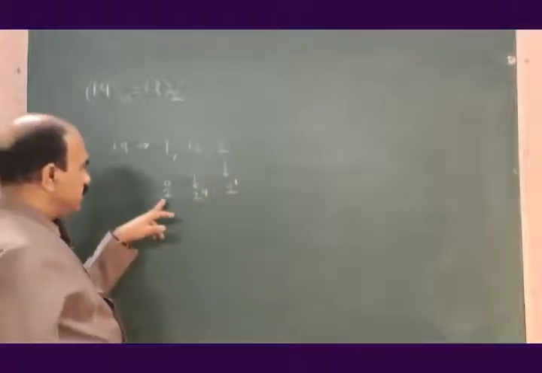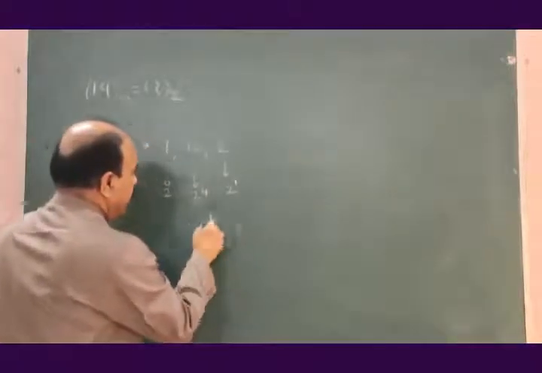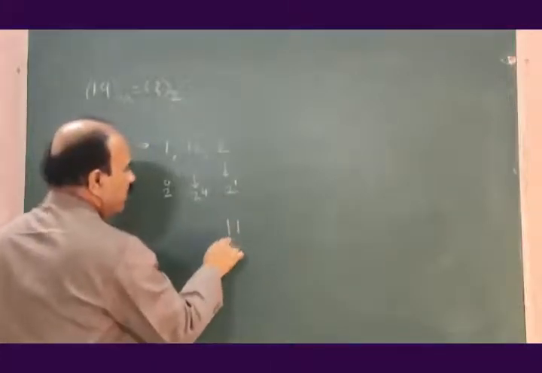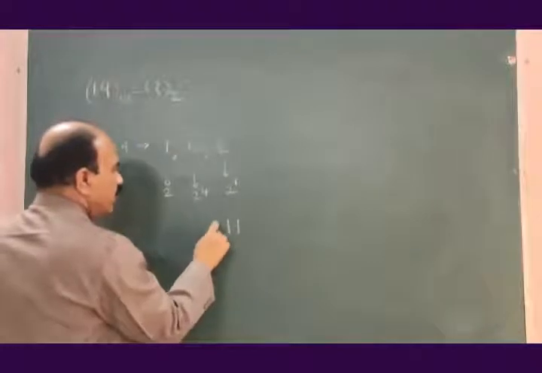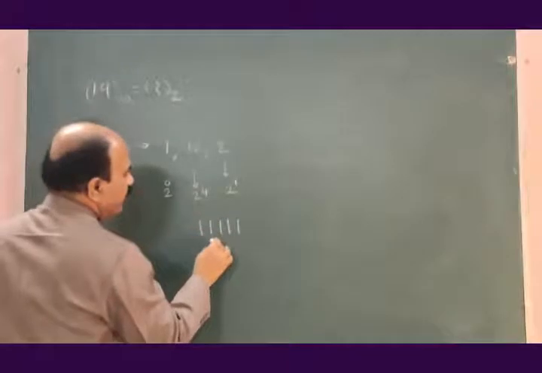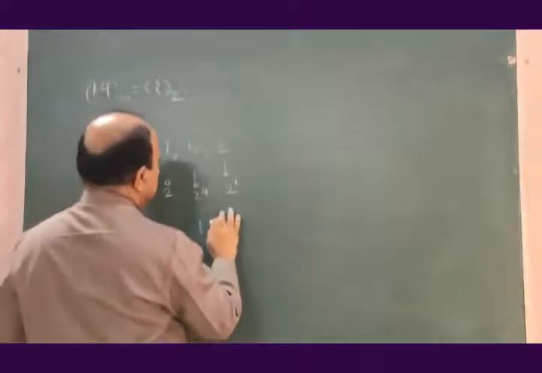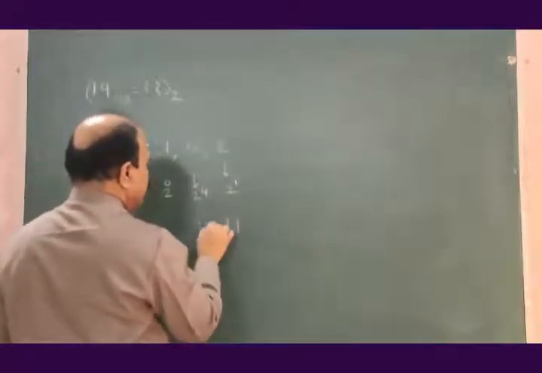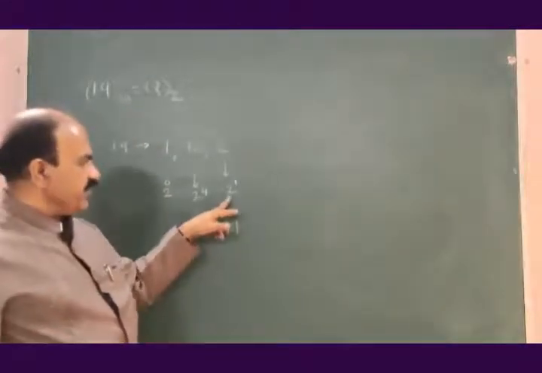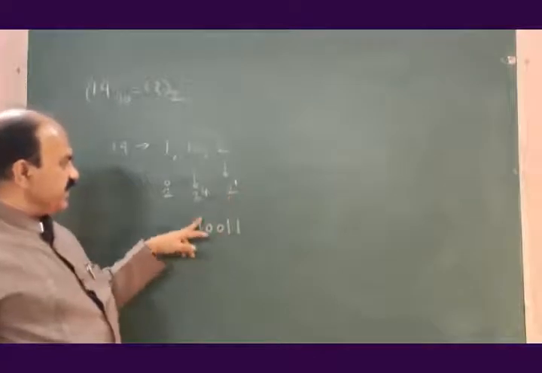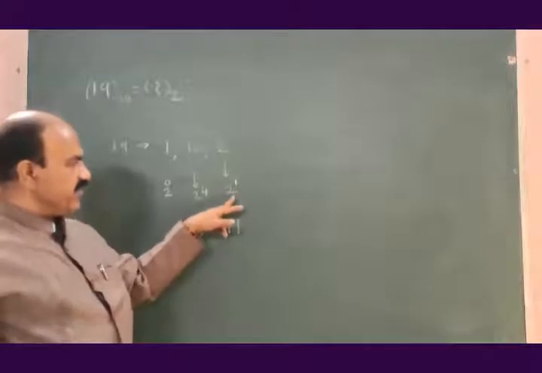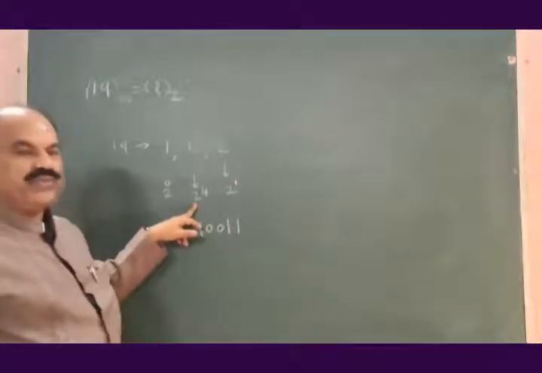So 1 will be here for 0 position. 1 will be here for position 1. Then positions 2, 3, 4. Okay. And we have to write 0 in the remaining positions. This one corresponds to this weight, this one to this weight, this one to this weight.